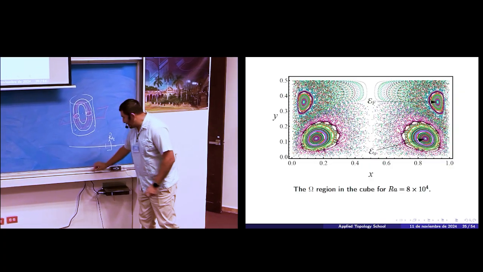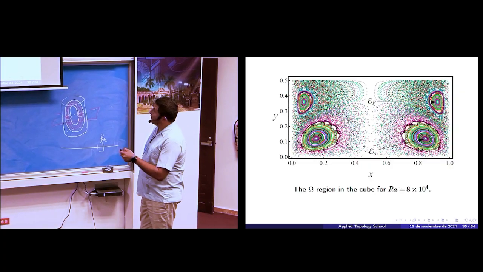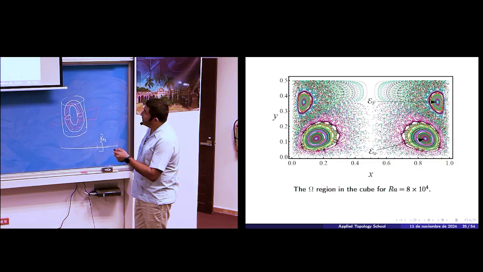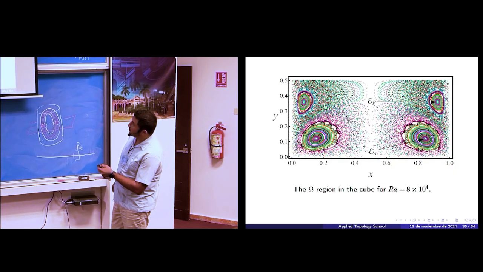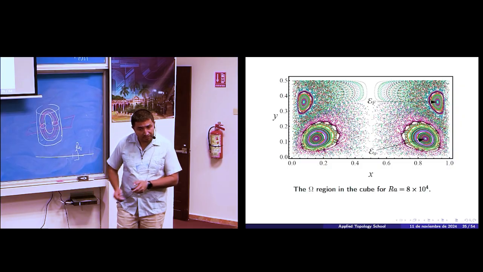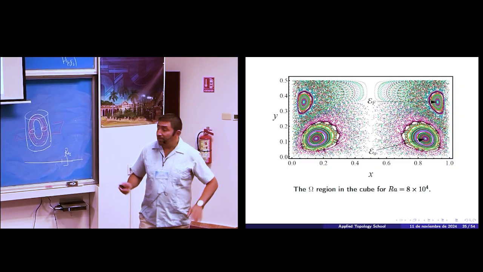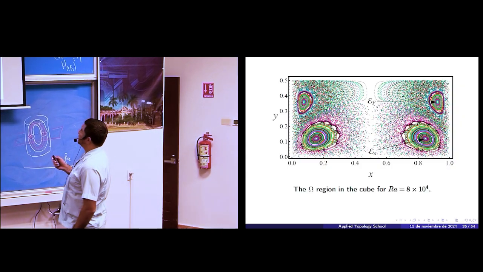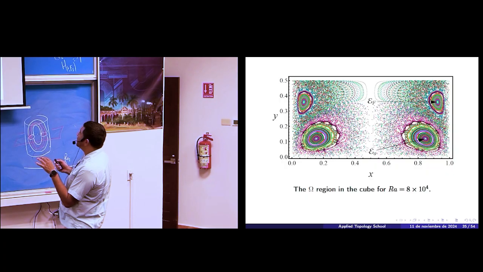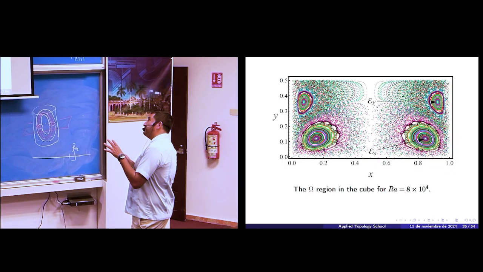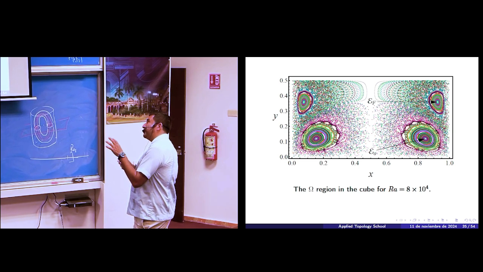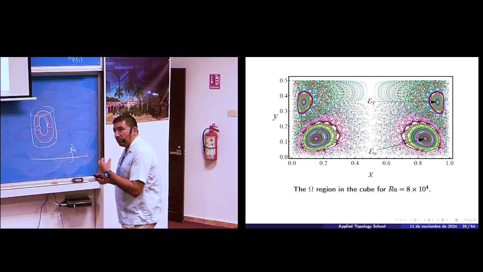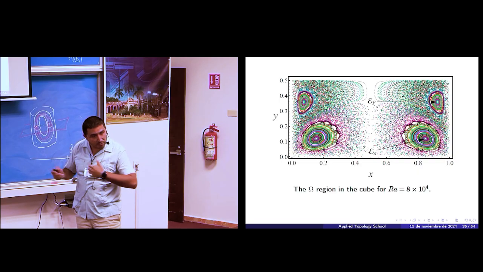Each circle here determines a torus when you take the three-dimensional orbit. This case is very interesting for us because we have two nested toroid structures and some chaos between them. Then we want to understand the chaos between them.